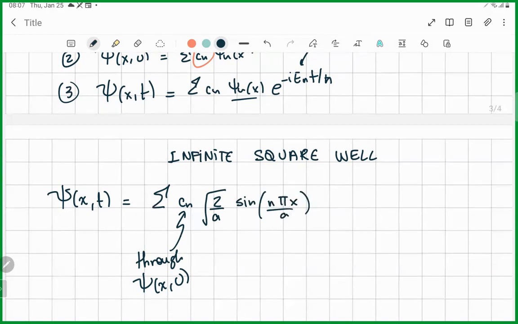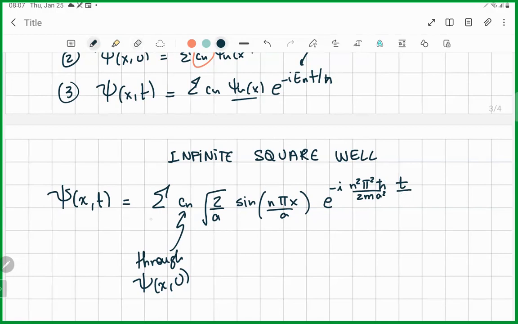And then comes the part with the energies. The energy we also obtained, so it's n squared pi squared h bar squared, divided by 2 m a squared, all that multiplied by time divided by h bar. The h bar in the denominator we also have in the numerator, so we can get rid of this.